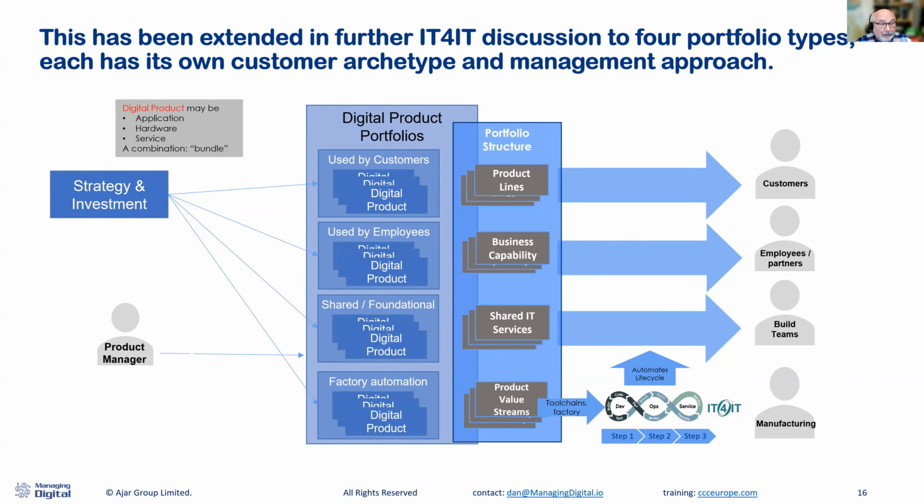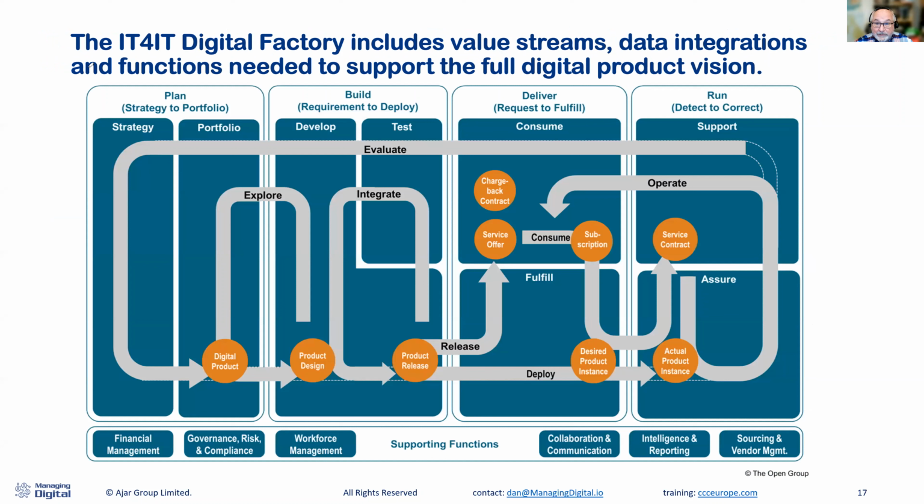So this is the IT for IT digital factory, if you like. It has 7 value streams that describe work that we do, and it is heavy with feedback loops, and it all is ultimately focused on this digital product that is owned by a product owner, product manager.